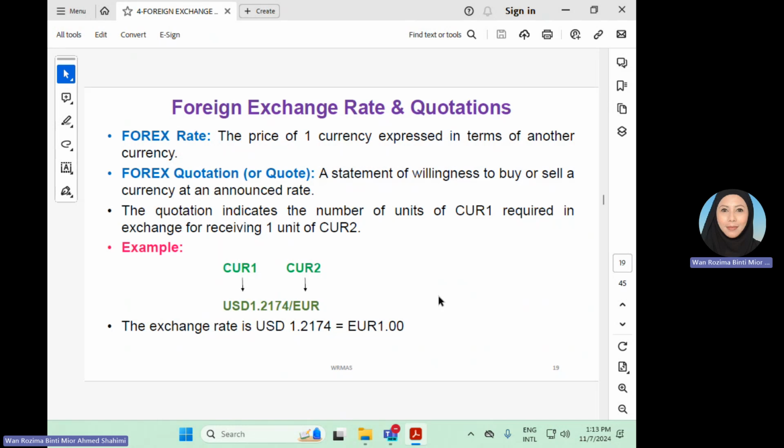So if you exchange 1 euro during this particular time, you will get in exchange $1.22, for example, I round it off. When you convert to USD, you will get $1.22 per euro.